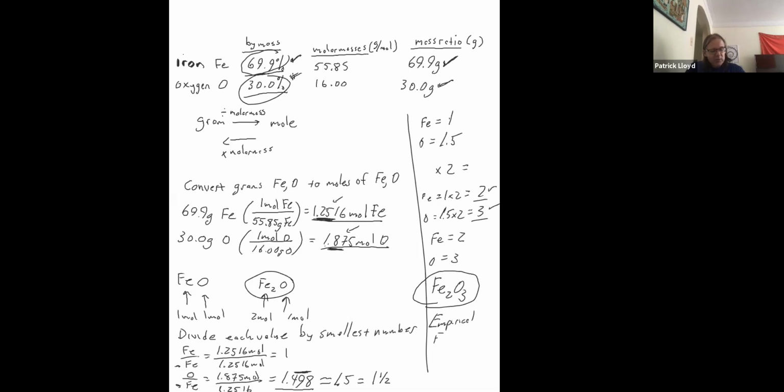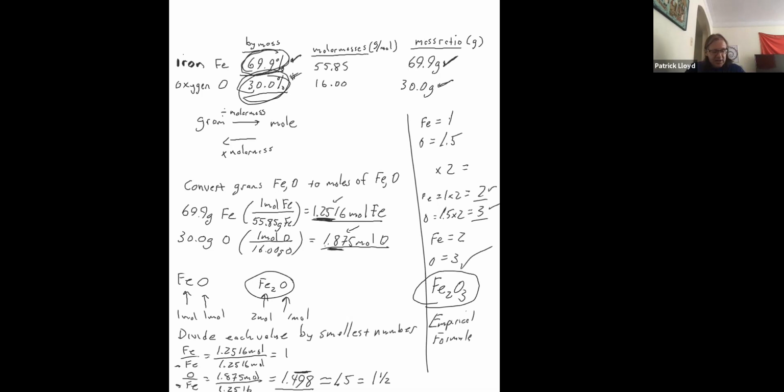And this is a powerful method because what it says is, if you have mass percent values in a compound, you can figure out what the chemical formula of that particular compound is. It's a specific type of chemical formula. It's called the empirical formula. And there are some limits to what that means, but essentially you now know what the relationship between iron and oxygen is in this compound.